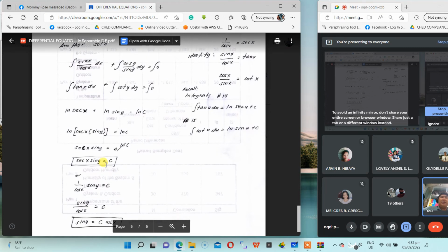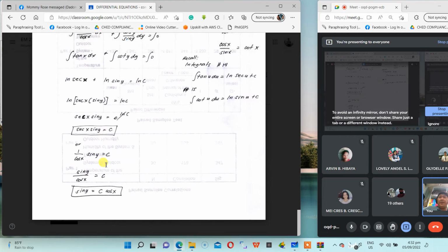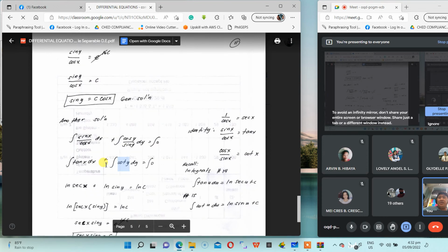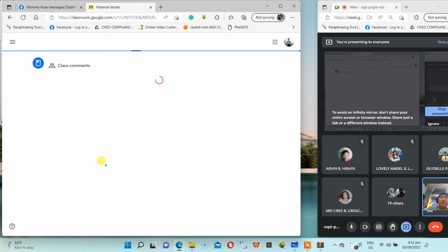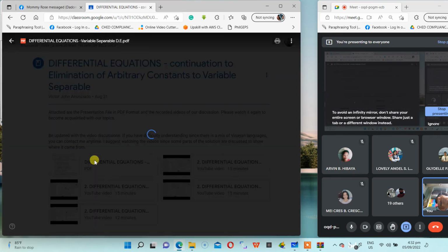So we could transform our secant x to 1 over cosine x, and it becomes sine y over cosine x equals c. So the answer, sine y equals c cosine x, is still the same as what we used. Sorry, again, my pen is working on its own.